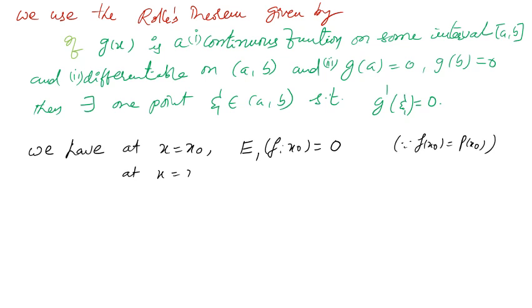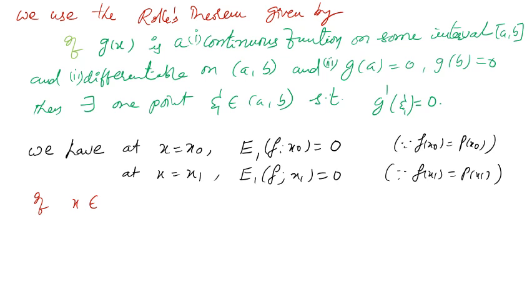Similarly, at x equal to x1 also, e1 of f at x1 is also 0, because f of x1 equals p of x1. At all other points, they are not equal. Therefore, if x belongs to in between x0 and x1, then for this x, in between x0 and x1, we define a function.